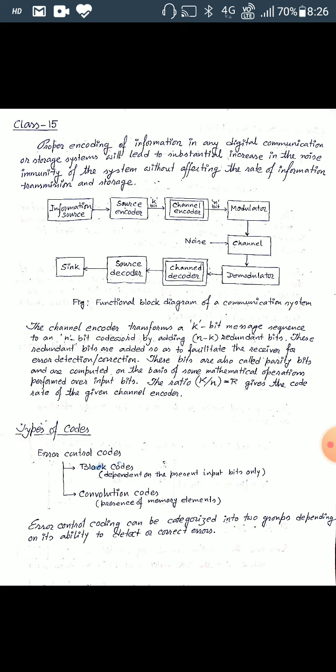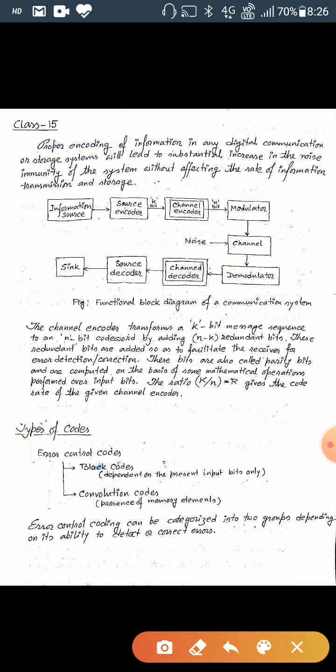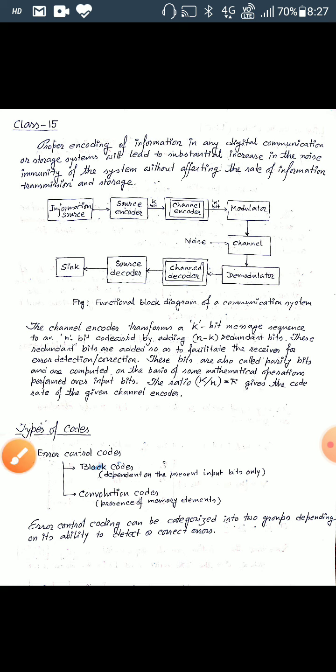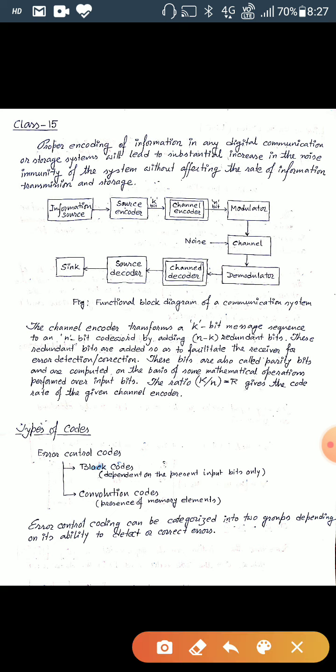Here you should also remember the code word length n and the message bits k. Here n should be greater than k. That means the extra n minus k bits are used for identifying at the receiver side whether an error has occurred or not.